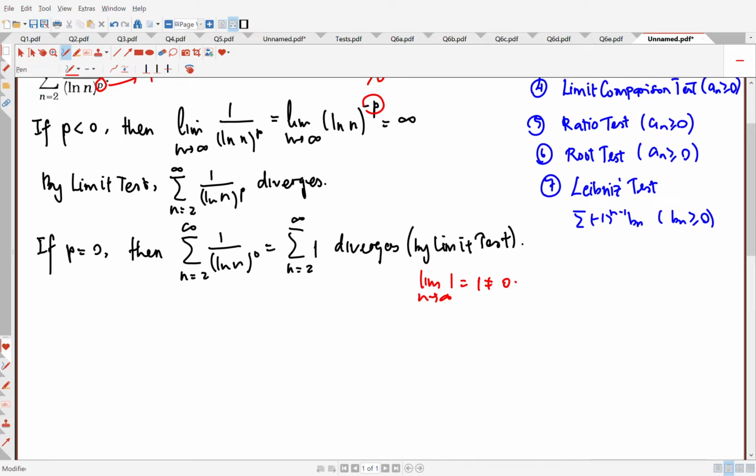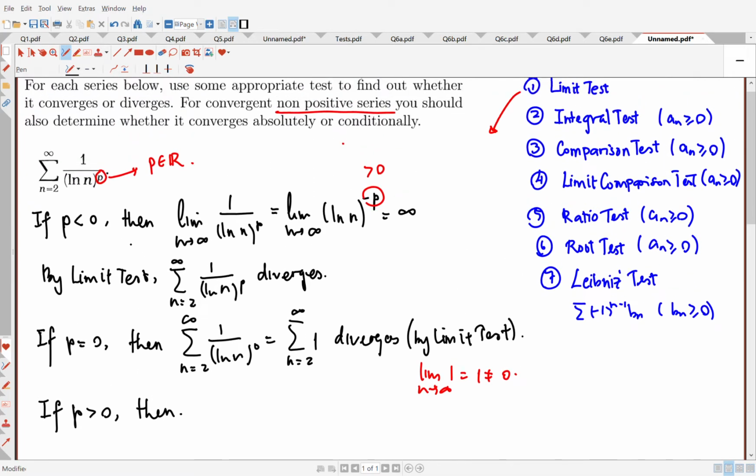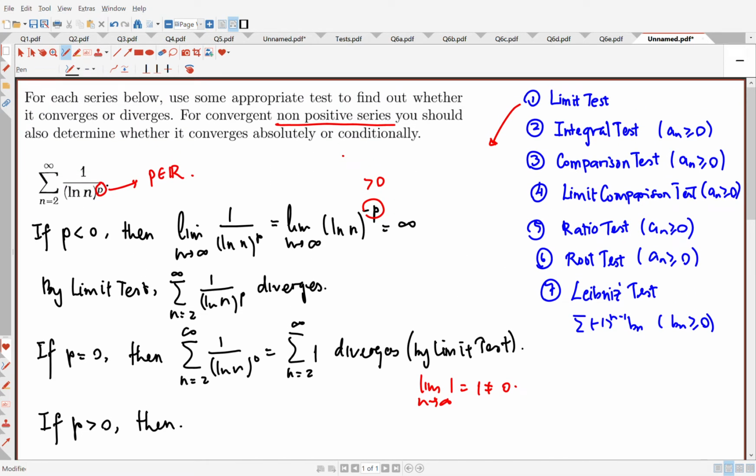Okay. Next, if p is more than 0, then okay, this will be more difficult, because it will be 1 over ln n power a positive number. Can we use limit test?